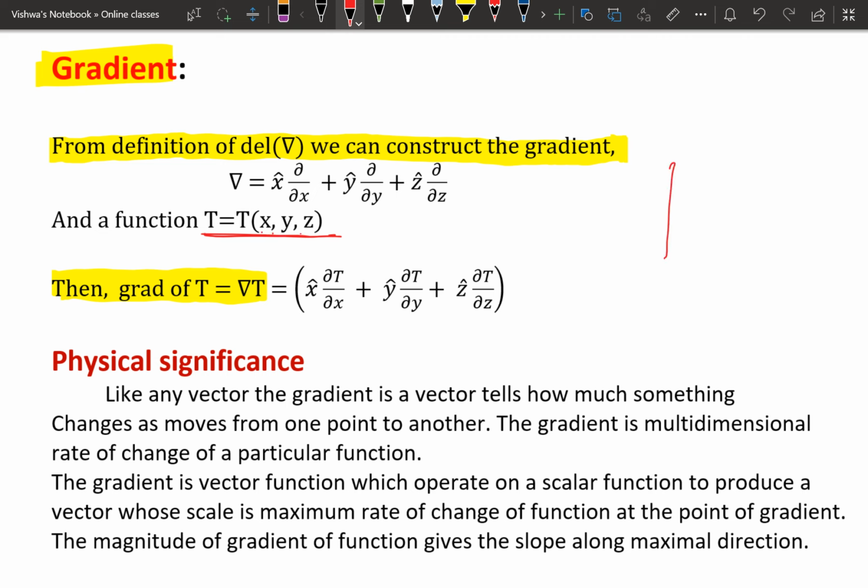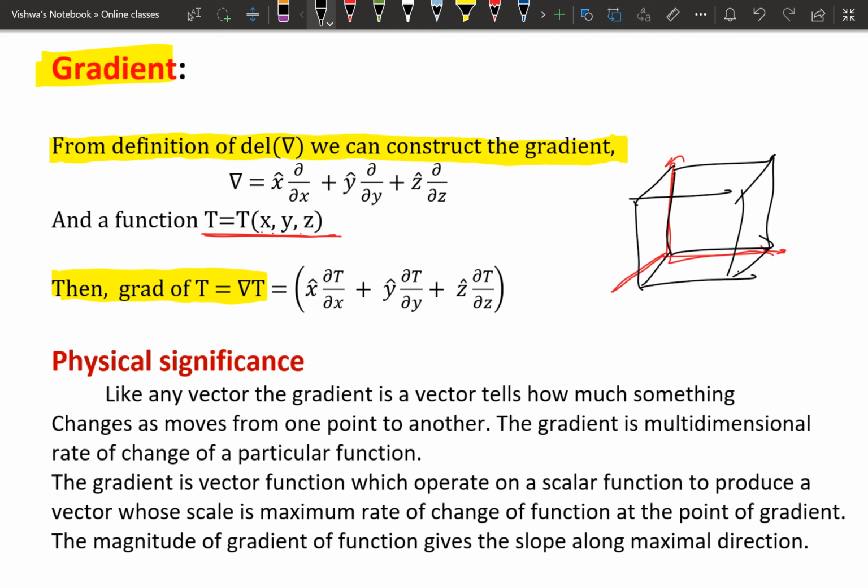Consider the three-dimensional axes, there is a room, and in this room the temperature varies from point to point.